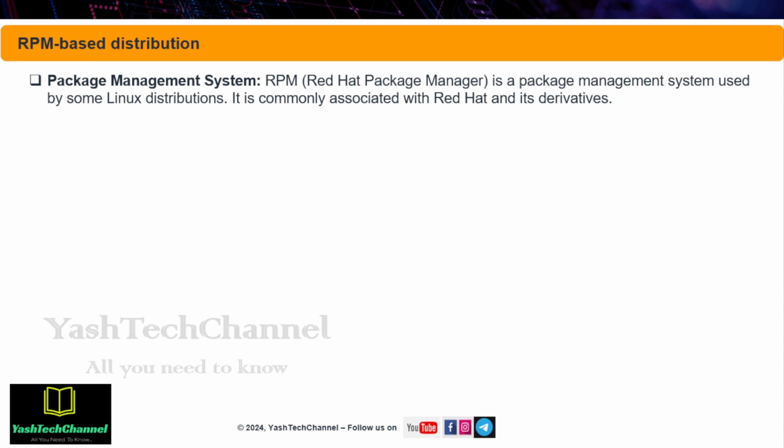CentOS's aim is to provide a free and open source alternative with binary compatibility with RHEL. So when you say RHEL or Red Hat, it is a commercially supported product, okay? But CentOS is community supported.